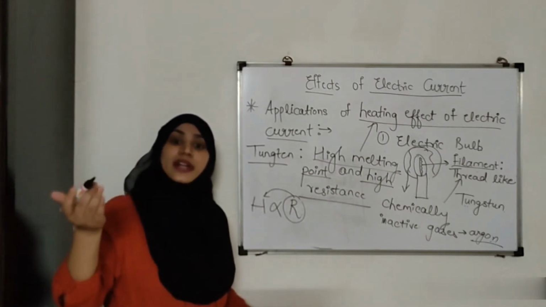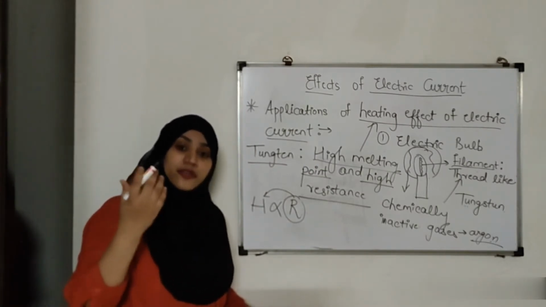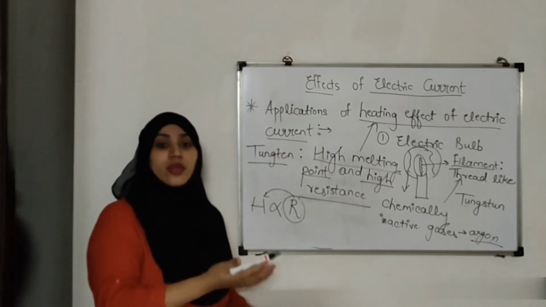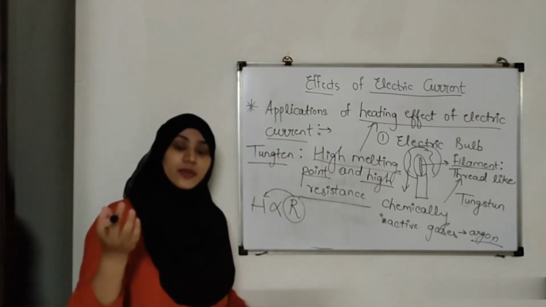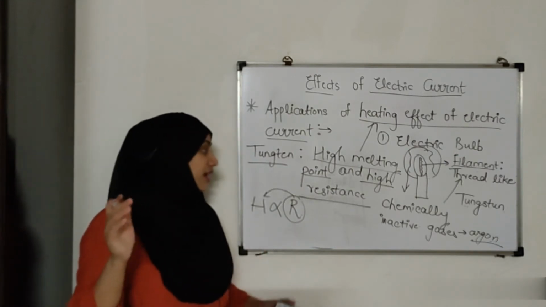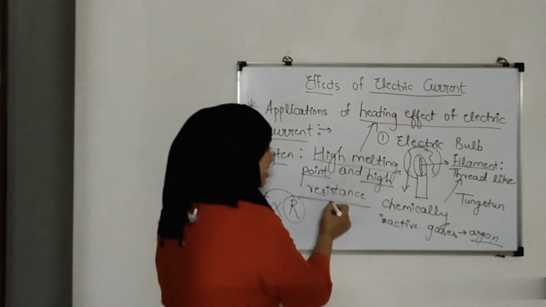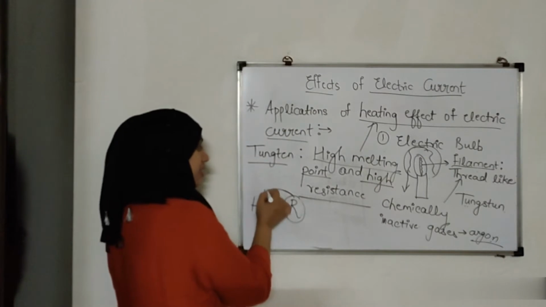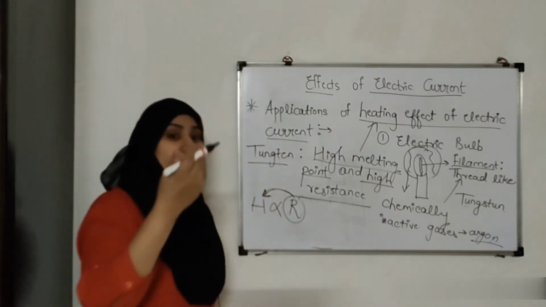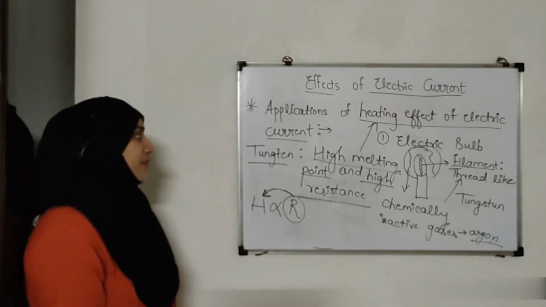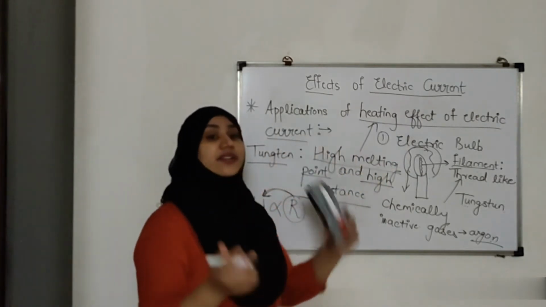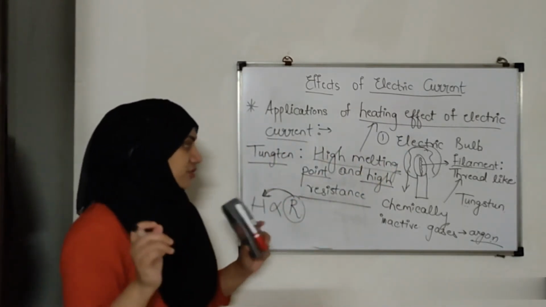So the higher the melting point, the more electric current it can bear passing through it. The higher the resistance, the more heat there would be, and more heat means it's going to emit more light. That's how the heating effect of electric current is used in an electric bulb.